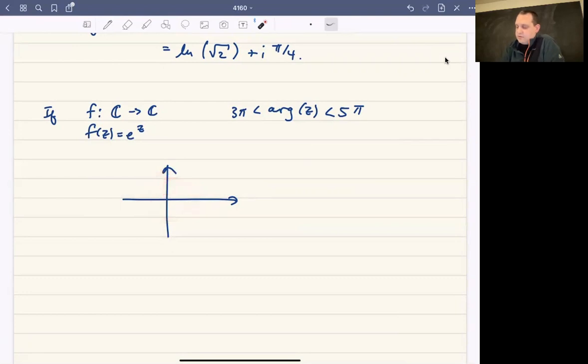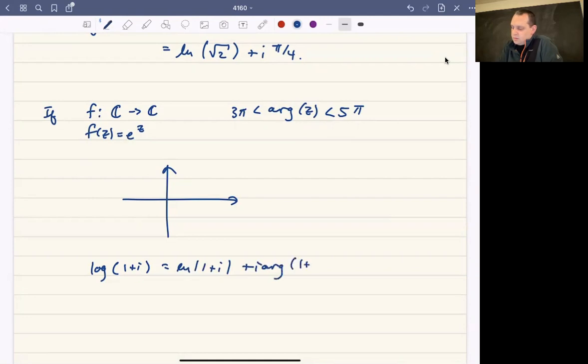And then the value here that's going to be relevant for us is going to be 4 pi plus pi over 4. So if we were to think about the log of 1 plus i, where we determine this to be our branch cut, we would still have the natural log of the absolute value of 1 plus i, plus i times the argument of 1 plus i.